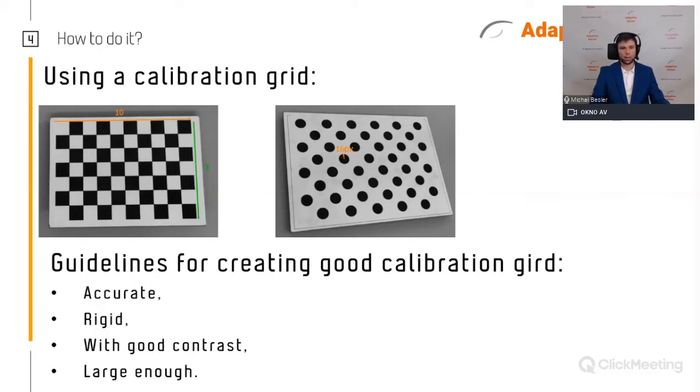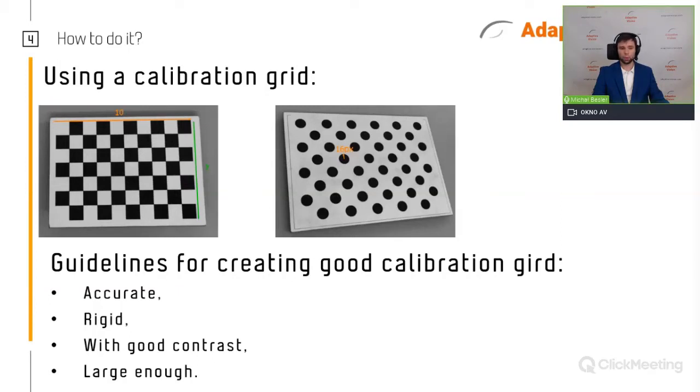However, as a rule of thumb, it's good to have about 100 brightness level differences between the background and the foreground.